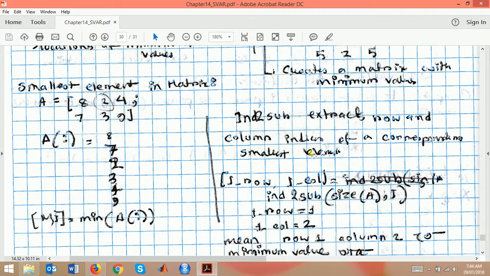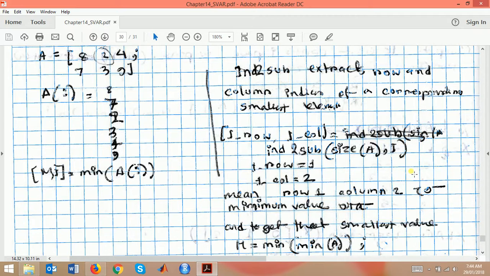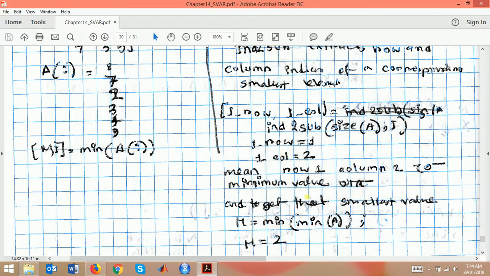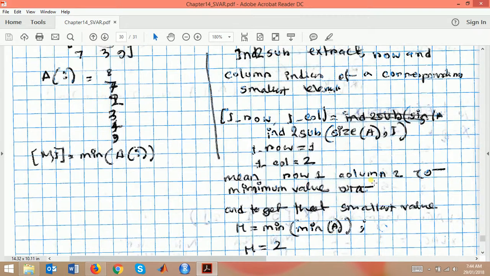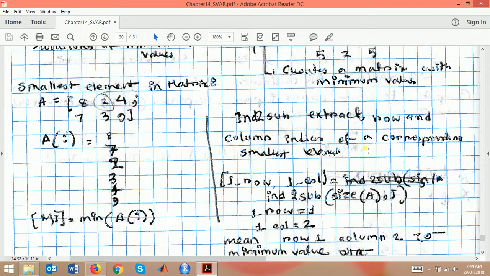Then ind2sub: extract row and column indices of the smallest value.